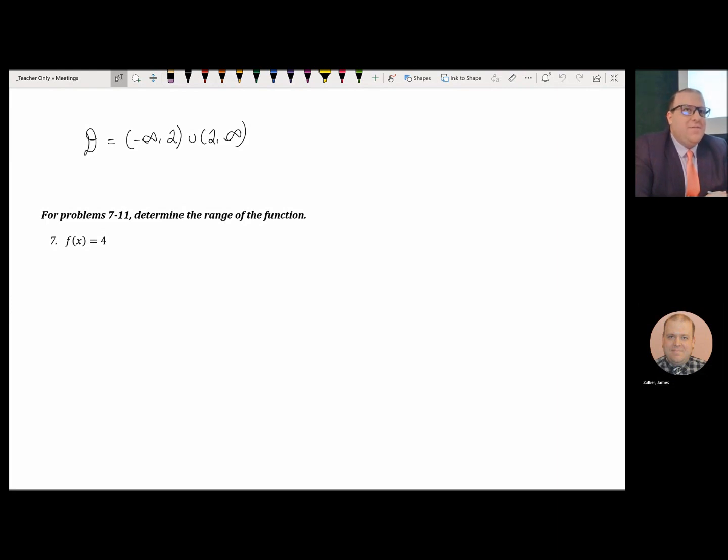Be careful, it's not technically 4. Range is a set, so it's the set {4}. But yes, there's just one element in the range, right? It's always going to give you 4 no matter what you plug in. So it's just the set of 4. That's it.